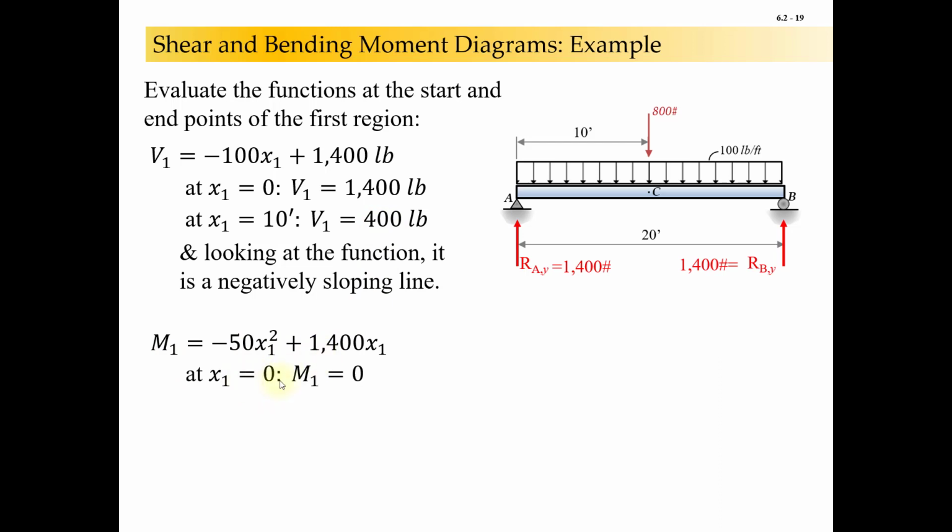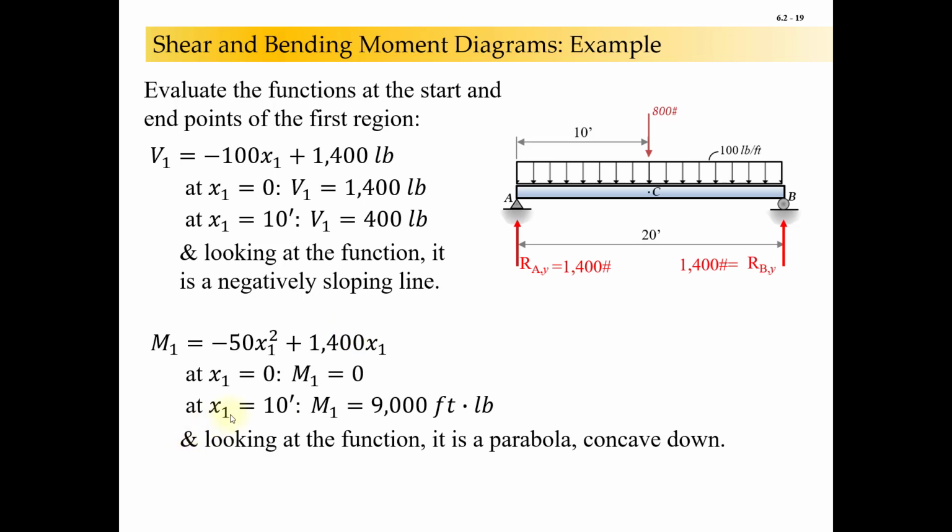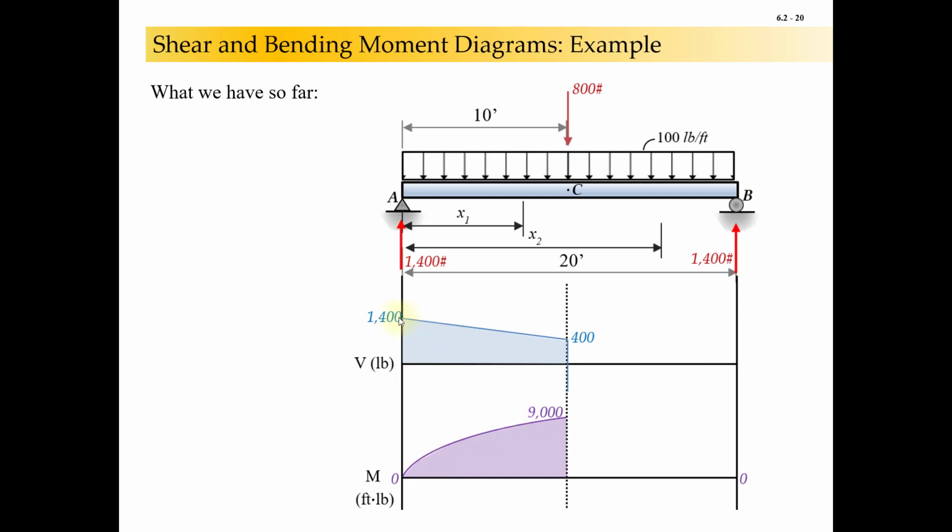At x1 equals 0, the moment is 0 because x1 is in both terms. And at x1 equal to 10 feet, my moment is 9,000 foot-pounds positive. That's a parabola concave down because of the minus 50x squared. So far we have this: 1,400 down to 400, a negatively sloped line, and 0 up to 9,000, a concave down parabola.